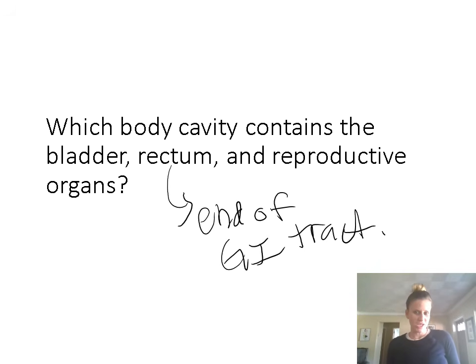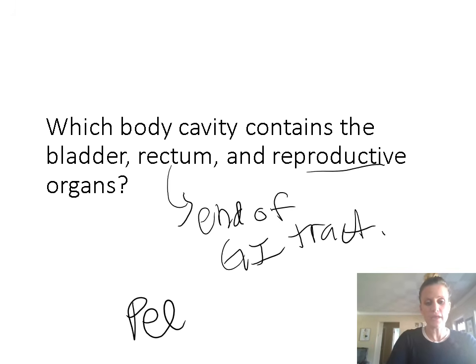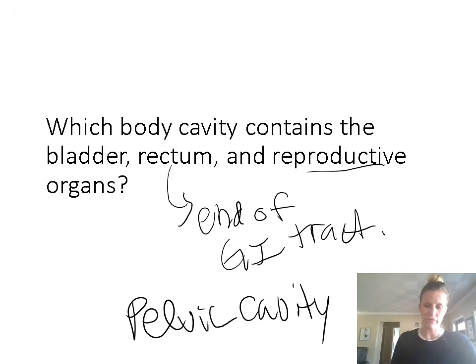All of that is really low down in the abdominopelvic cavity, as well as the reproductive organs, like the prostate in men, the uterus in women, the vagina. These are all really low, so those are in the cavity we just looked at on the last slide, which is the pelvic cavity.